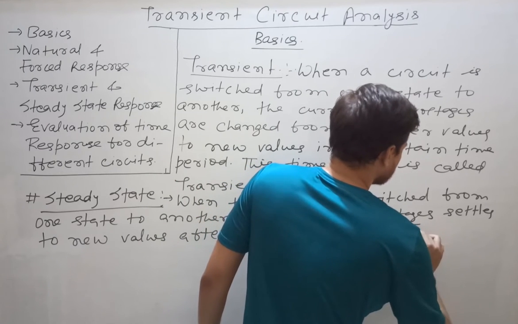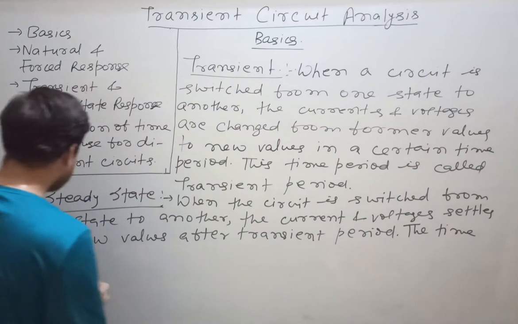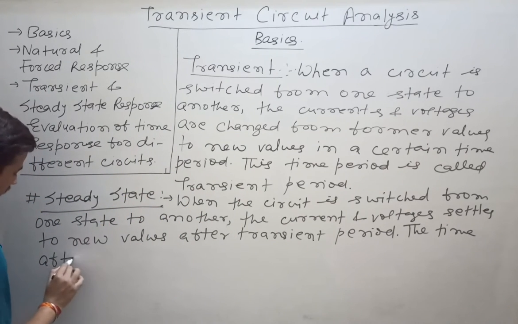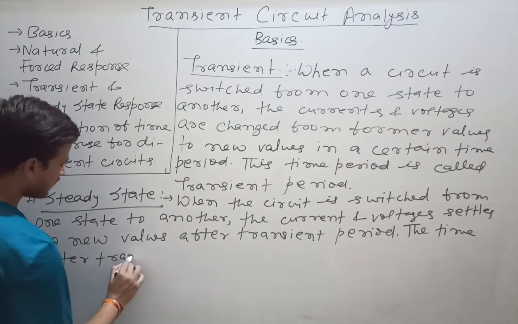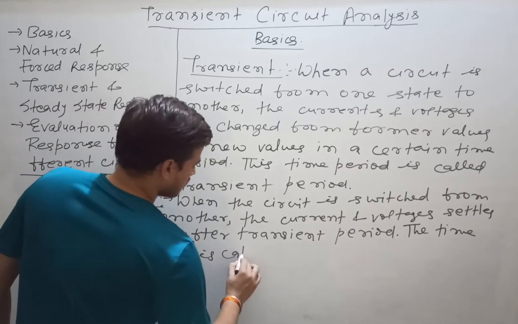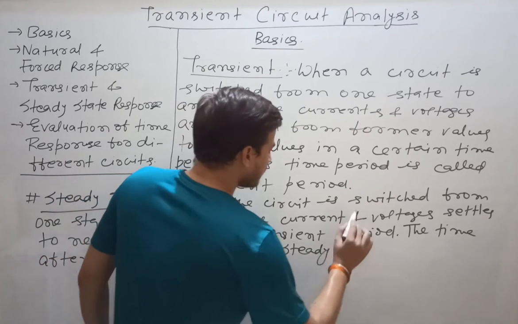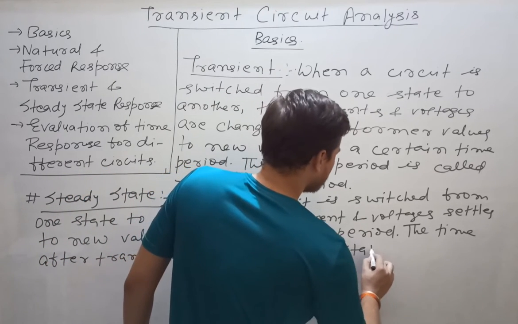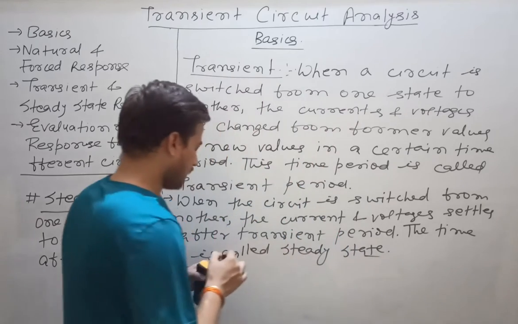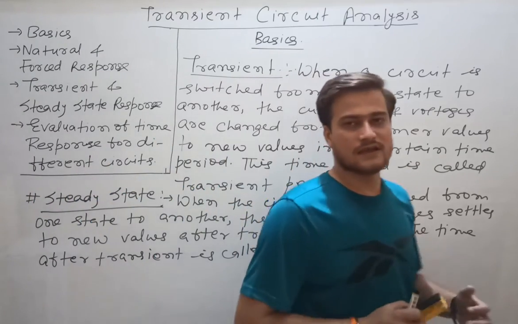So the time after transient is called a steady state. Clear? The time after transient is called steady state.